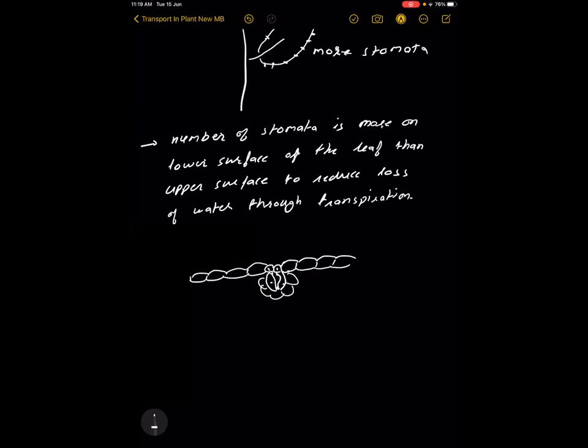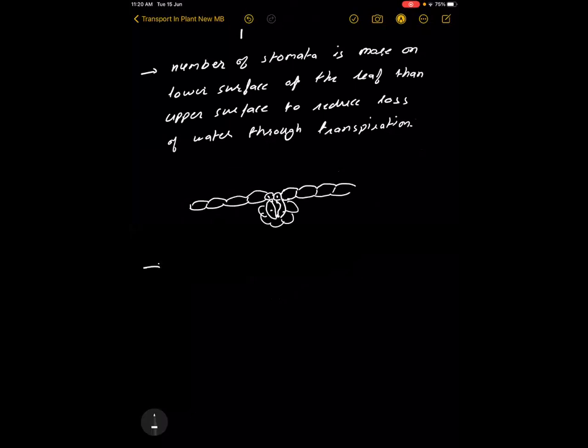There is already water scarcity in that environmental condition, like a desert. Xerophytic condition means high temperature, and high temperature increases transpiration. So desert plants like Opuntia and cactus have reduced stomata, called sunken stomata, to avoid transpiration.